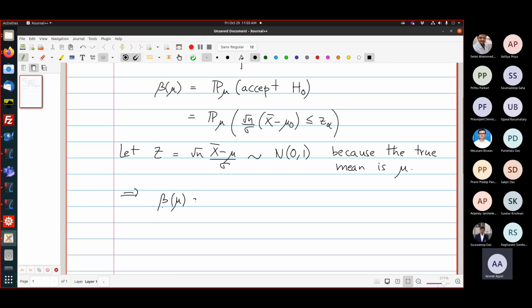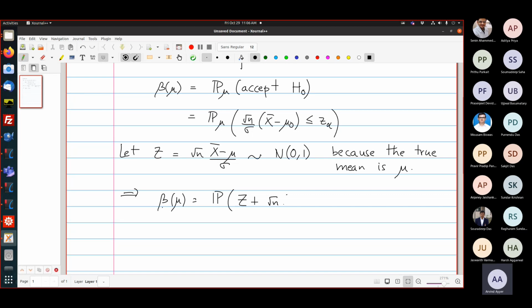So beta of mu is the probability, and now I'll talk in terms of Z, so I'll remove this subscript. I have added and subtracted mu, so I get Z, and then there's this residual: plus square root of n times (mu minus mu naught) by sigma is less than or equal to z alpha.